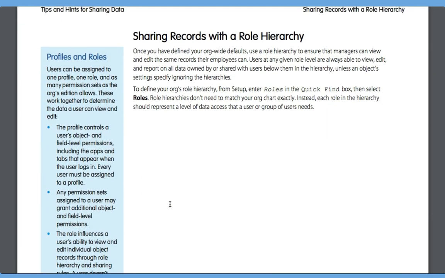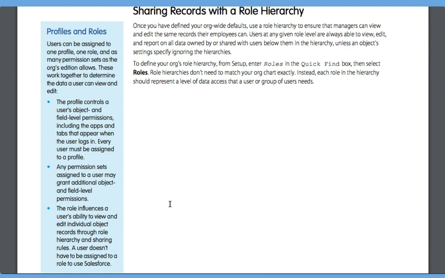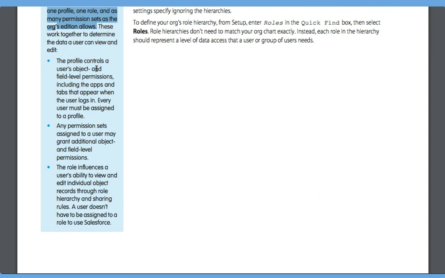If I scroll down, this talks a little bit about the hierarchy, right? I've sort of given you a precursor to this. Users can be assigned to one profile and one role with as many permission sets as your edition allows, right? And this works together to figure out what people can see, do, and not see, right?